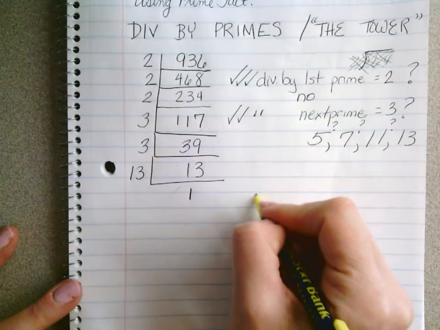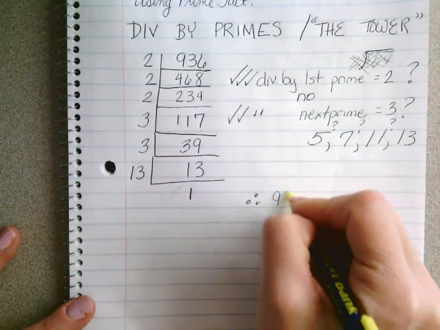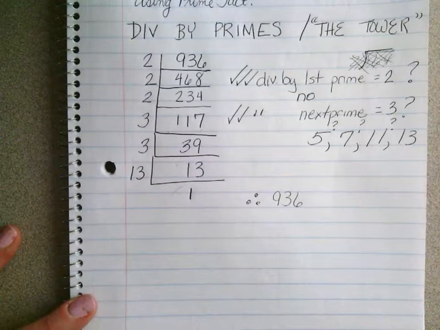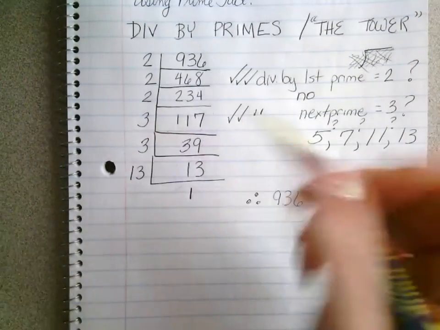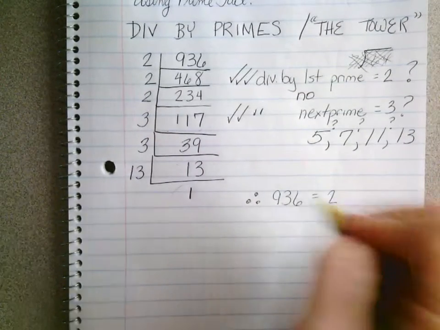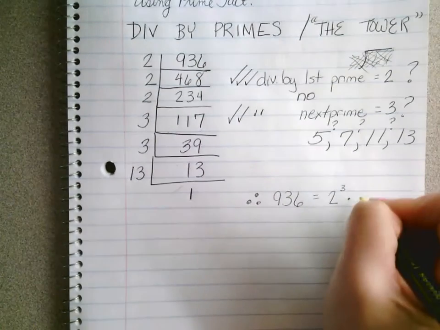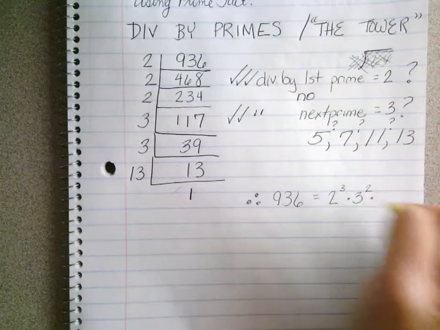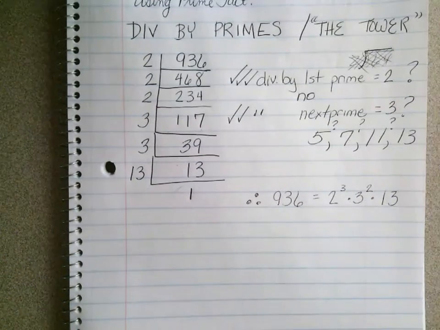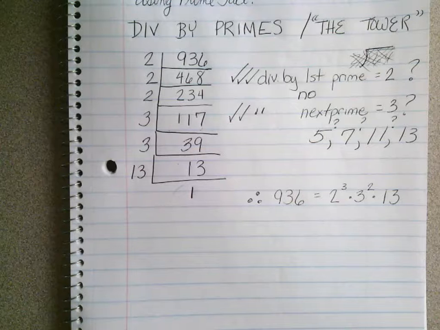Okay? So the prime factorization of 936, and by the way, I always use exponents to express all this, is 2 cubed multiplied by 3 squared multiplied by 13. Okay? This is the division by primes method. And what it does for you is it eliminates all that extra work.